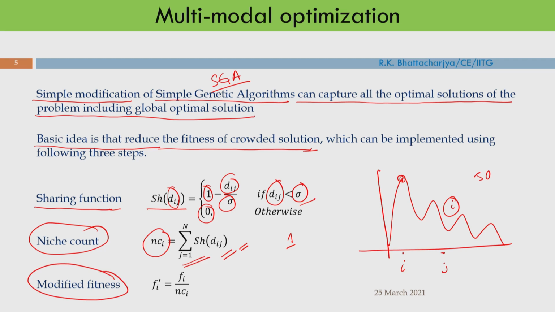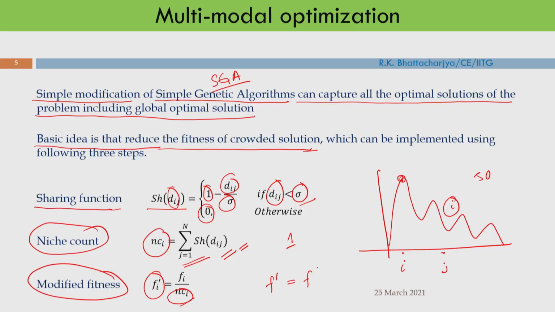Once I get the niche count, I calculate the modified fitness. The modified fitness is f dash i, which is basically Fi divided by NCi, the niche count. Now, if the niche count is 1, the modified fitness equals the original fitness, because that particular solution is not crowded. So, the fitness value will not reduce, as that is an isolated solution.